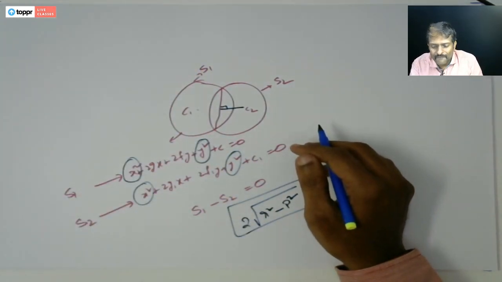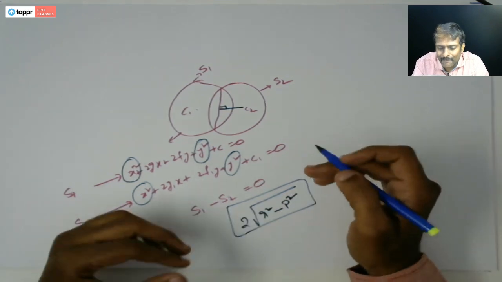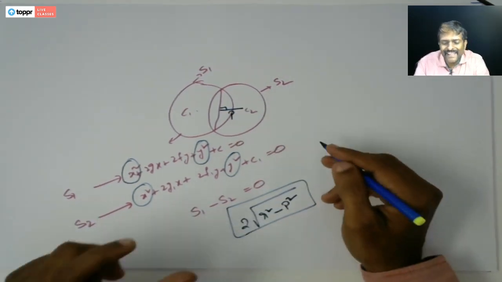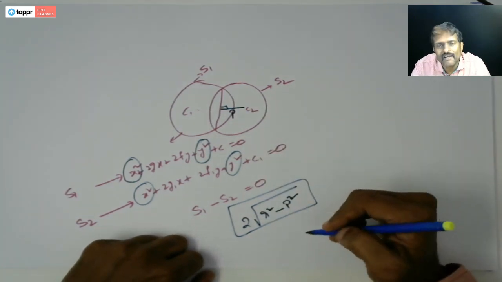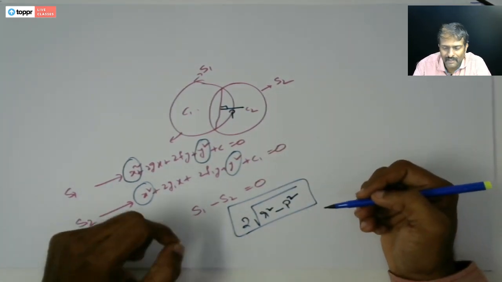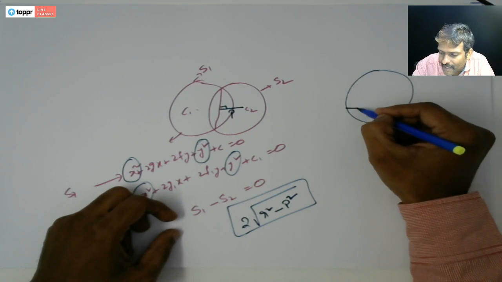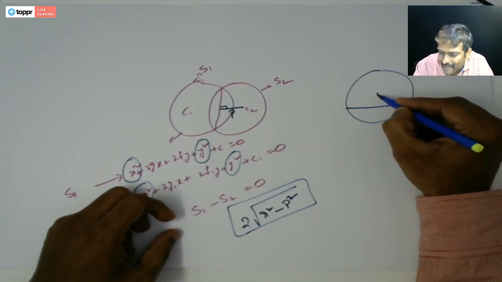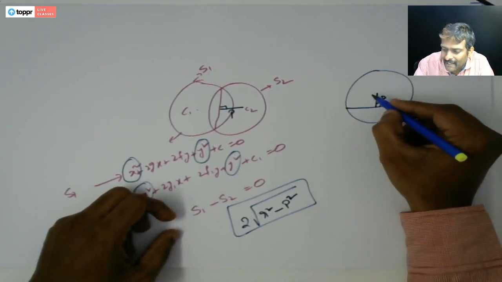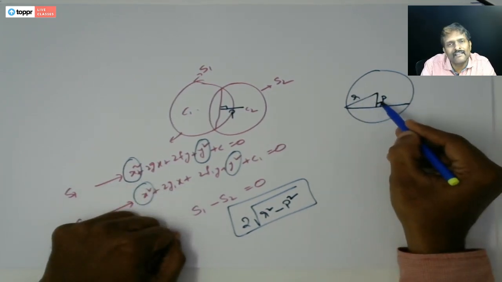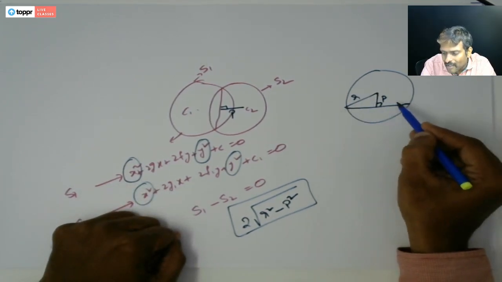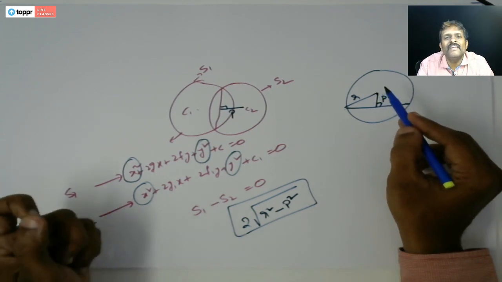Now here if you observe carefully, say the distance p is equal to the radius. What happens? Suppose I have a chord here, and this is the length p, and this is the radius r. Now the radius and the distance of the chord from the center are equal.